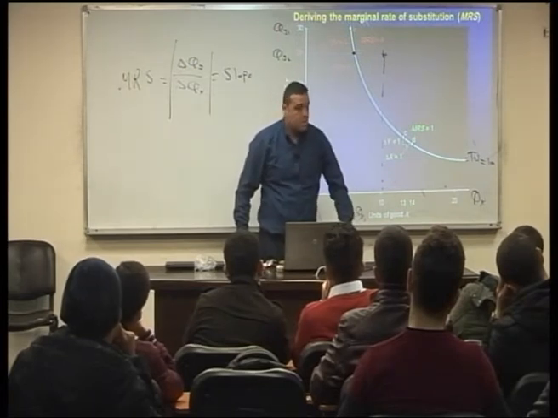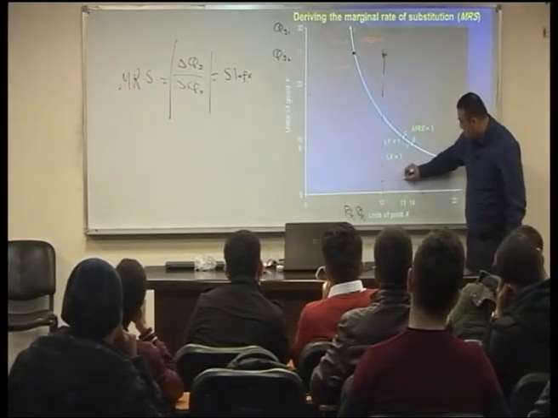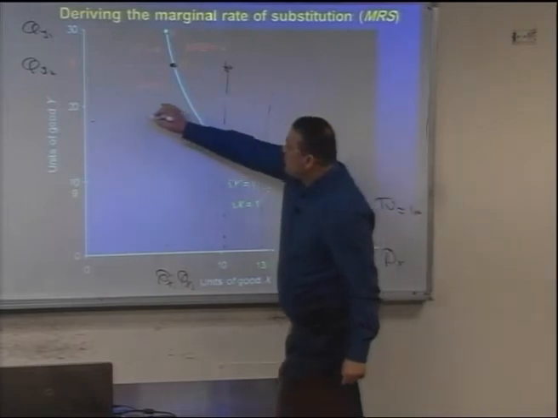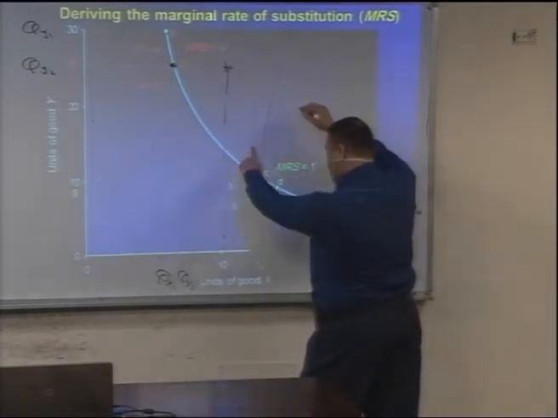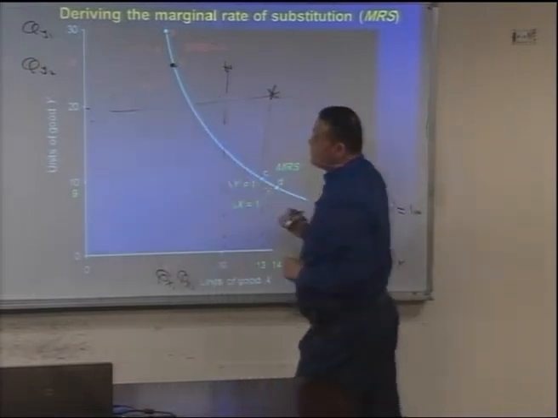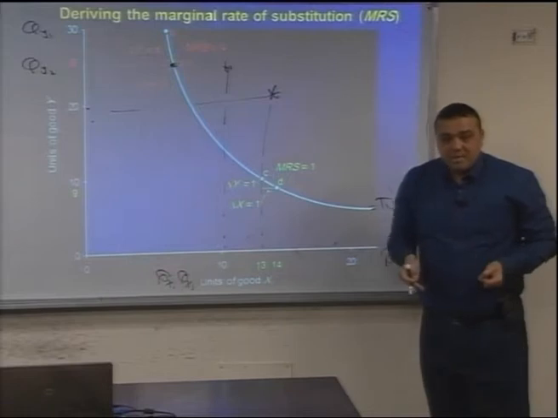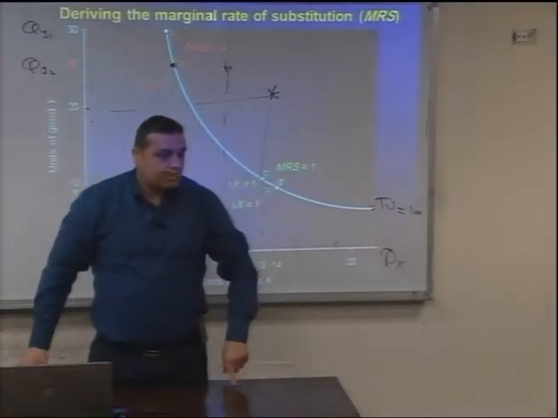Okay? So, here let us assume 13 with how many units? With 10, with 20. Definitely, this bundle will give him larger total utility.